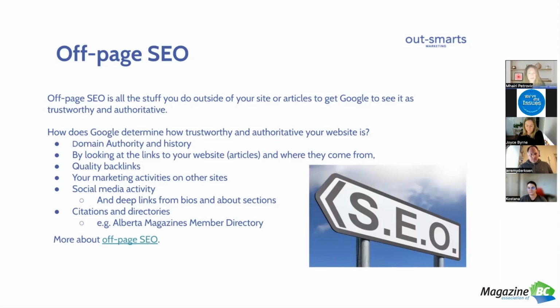Another factor is the domain ranking and history. A higher domain ranking, again, shows Google that you're trusted. One of the best ways that Google determines how a site will rank is by the links it has from external sites. And it's a wee bit like being at a party.